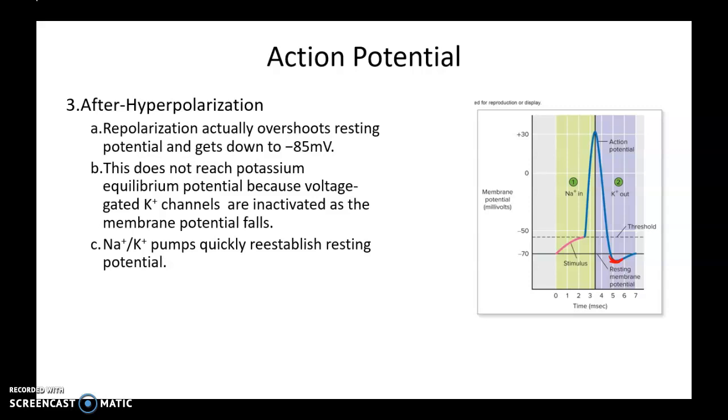It is the sodium-potassium pump and the activity of the leak channels, everything together, that bring the resting membrane potential back to -70. So again, remember, in this hyperpolarized state, it's the sodium-potassium pumps that are mainly working to reset the membrane potential back to -70. Obviously, the leak channels are always open.